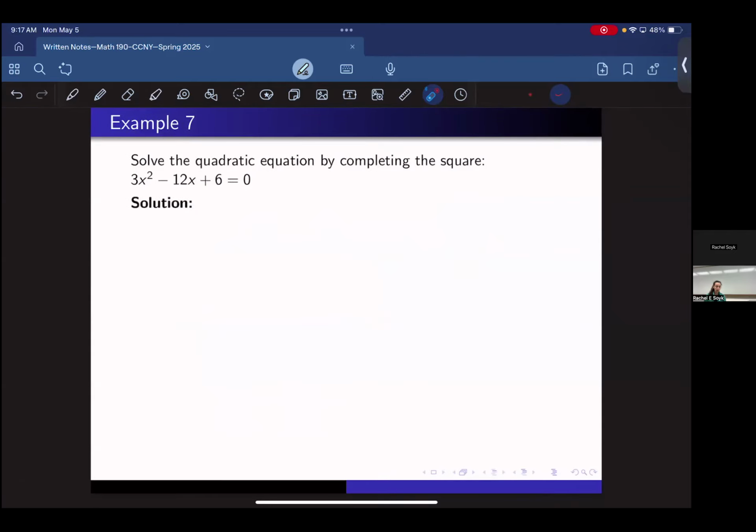So let's try this example together. Again, we want to make sure that that a value is 1, and right now our a is 3. So we can ask ourselves, can we pull out a 3 from each term? And lucky for us, in this case, we can. When we do, we get x squared minus 4x plus 2, and this is all equal to 0.